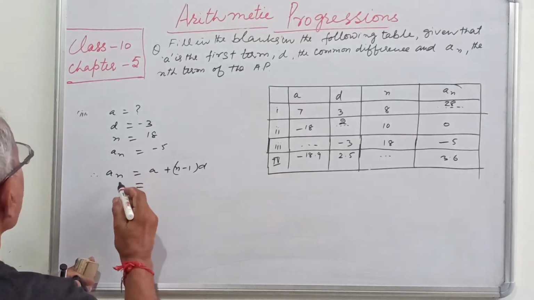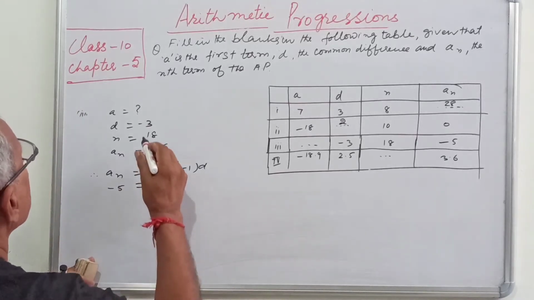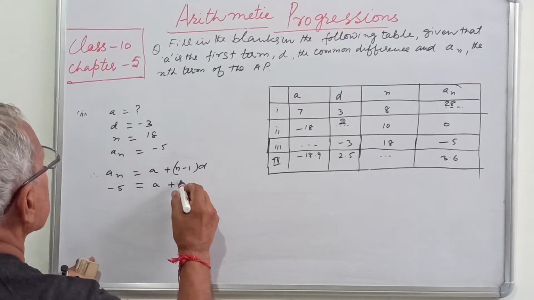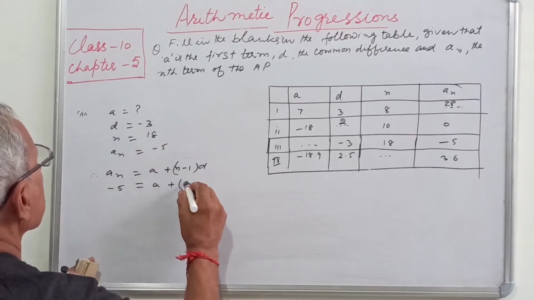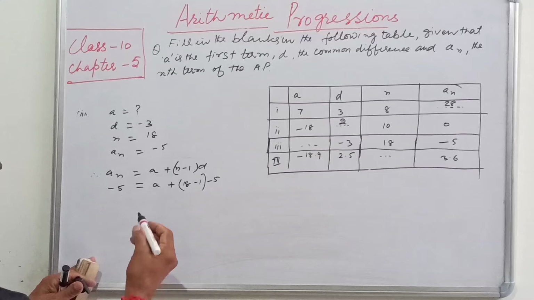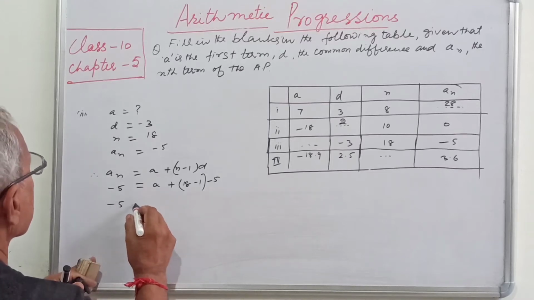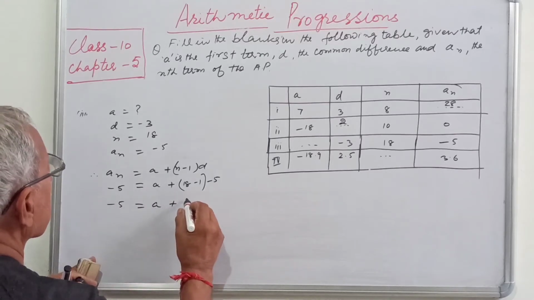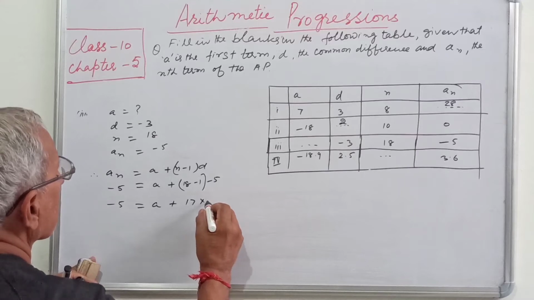So an is minus 5, a plus (18 minus 1) into d, which is minus 3. तो minus 5 equals a plus 17 into minus 3.